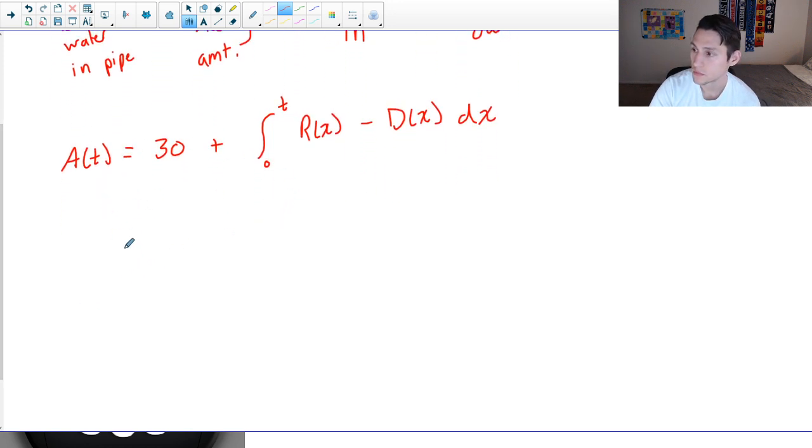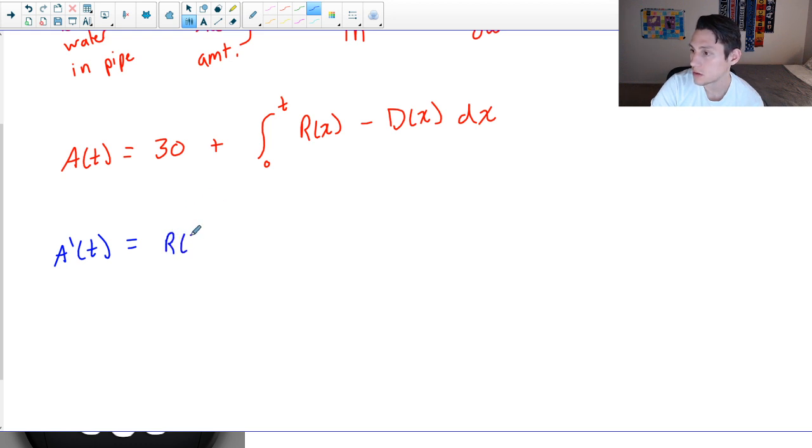Okay, so we would want to find any critical points. So A prime, derivative of 30 is 0. The derivative of an integral, all right, whenever we see derivative of an integral, we should note that that's the second fundamental theorem of calculus.